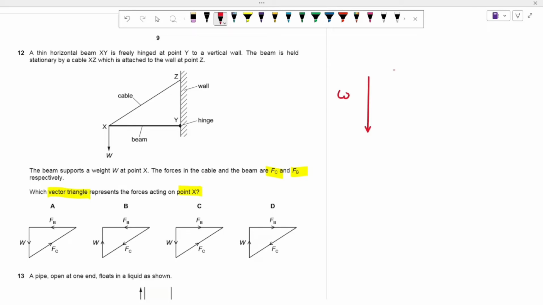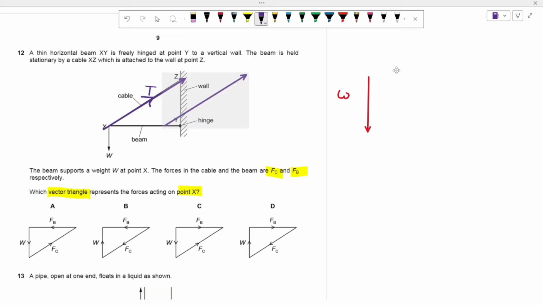Then in the cable, there is going to be a specific tension T acting in this direction. Why in that direction? So that it can override this weight that is acting down. This tension is supposed to support the weight, so it has to be acting up so that it provides a force that supports the weight, which is acting down. It's going to look something like this.